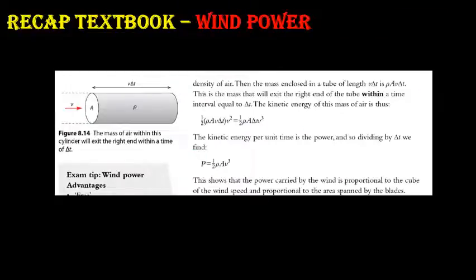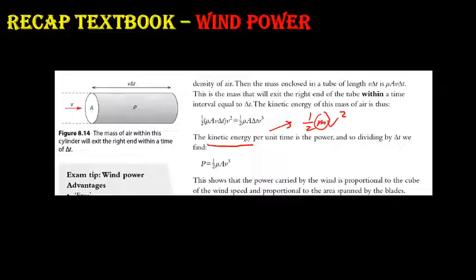Wind power: the equation is already provided in the data booklet, but I think it's still great if you can look at how we can derive it. The kinetic energy is what you learned, 1/2 mv squared. However, the m here is very different from how you treat a solid.